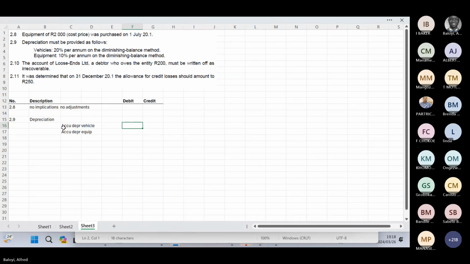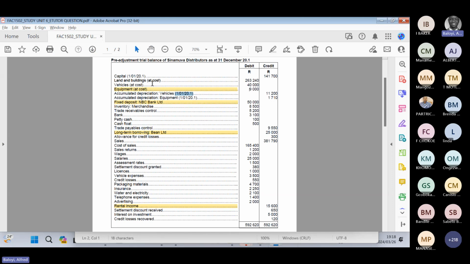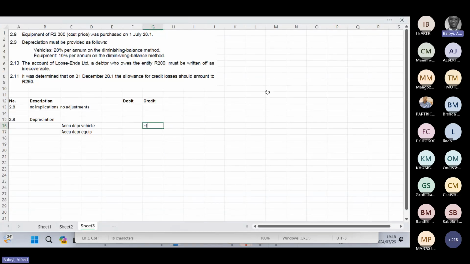So now they are telling us that the depreciation for vehicles is at 20% per annum on the diminishing balance method. So how do you calculate that? For the diminishing balance method, unlike the cost method, which is straightforward, where you multiply the cost by the depreciation rate, you have to take the cost of the vehicle, which is 40,000.